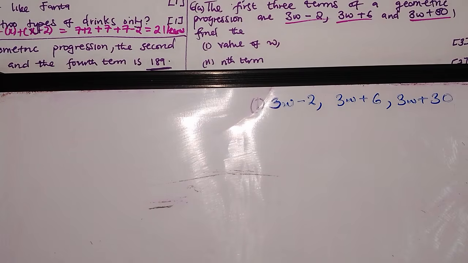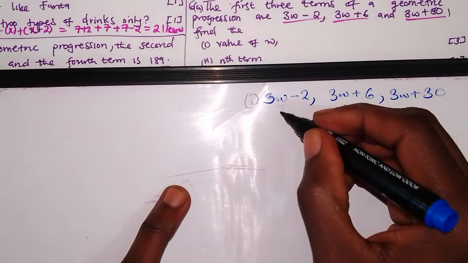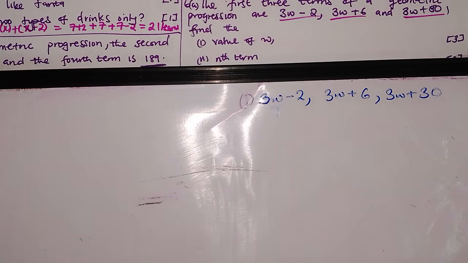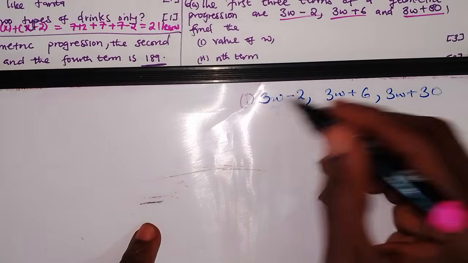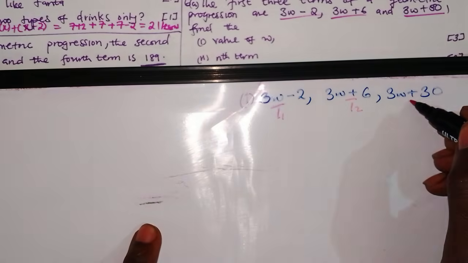The rule. So you say this is term 1, because they have told us that these are our first 3 terms. So we are going to say C1, C2, C3.